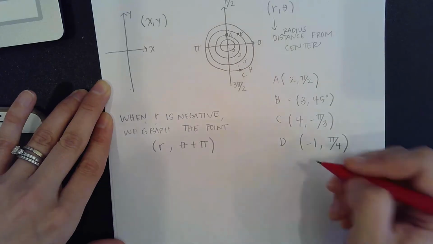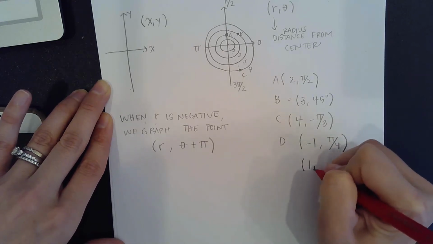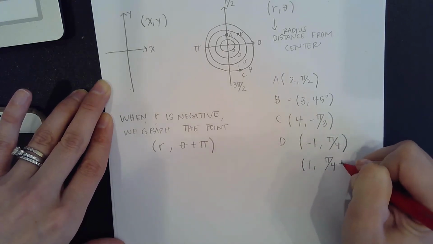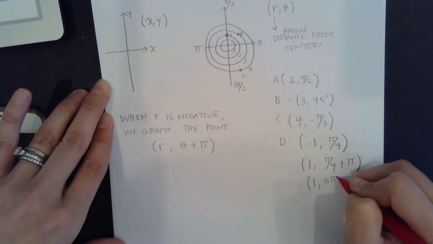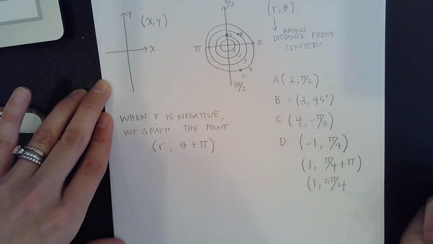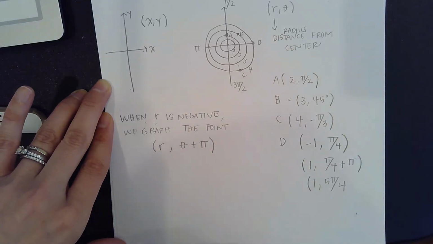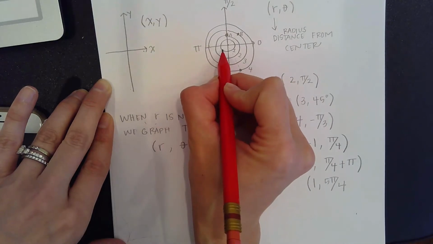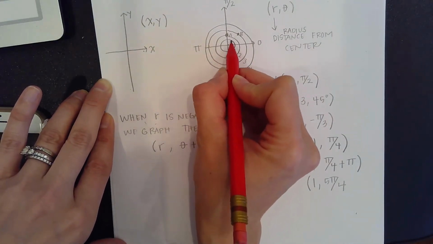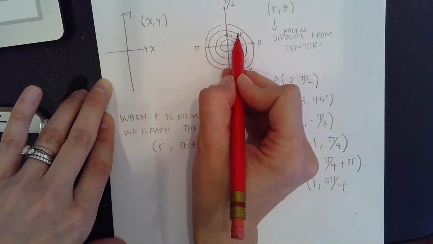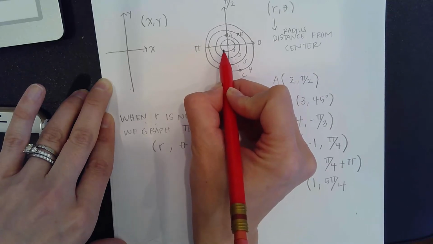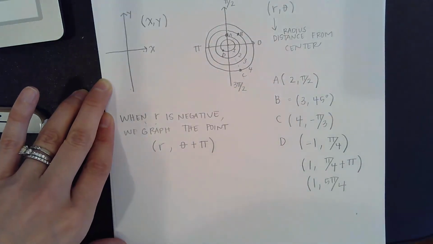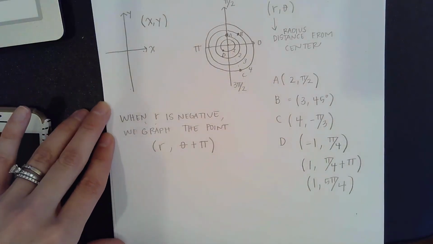What I'm going to graph is 1, and pi over 4 plus pi, so that's (1, 5 pi over 4). Where is 5 pi over 4? 1 is here, your first little ring, and this is pi over 4, 3 pi over 4, 5 pi over 4. It's going to be right here.